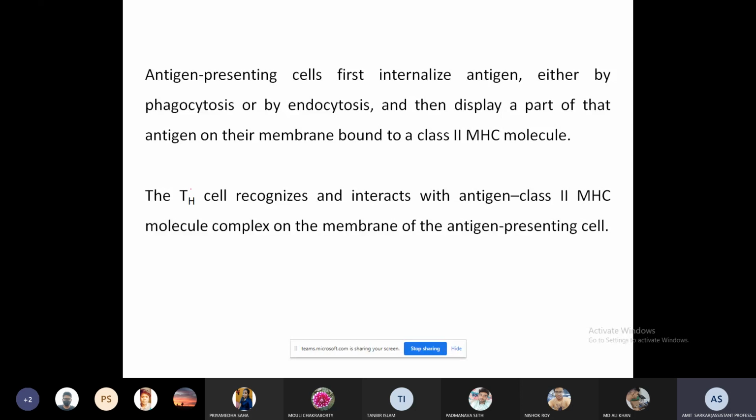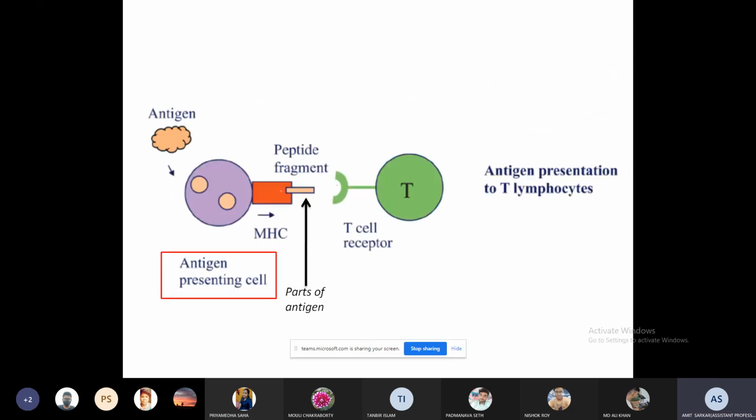So the antigen presenting cell first internalizes the antigen either by phagocytosis or endocytosis and displays a part of that antigen on its membrane bound to the class 2 MHC molecule. We have to remember here that the MHC molecule we are talking about is a class 2 group. Class 1 is totally different.